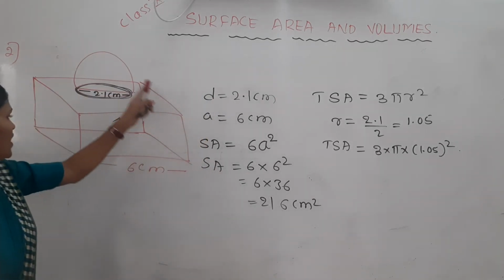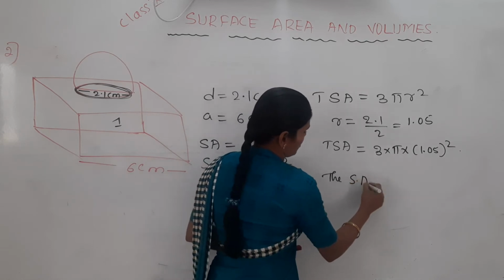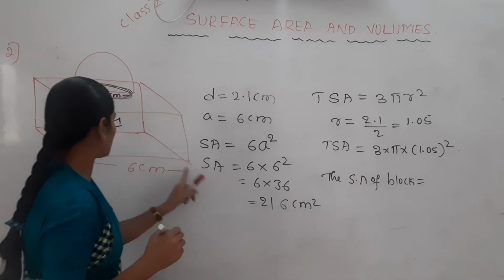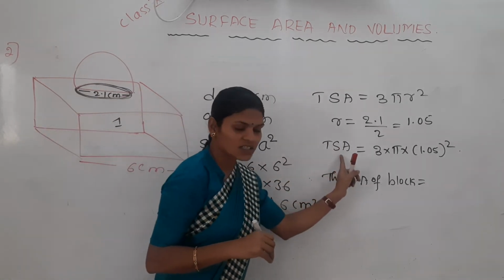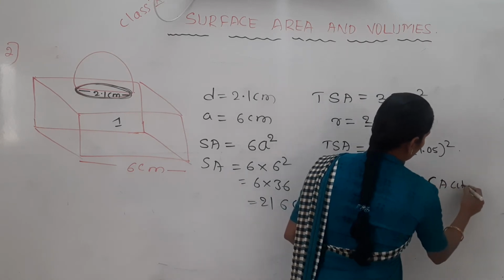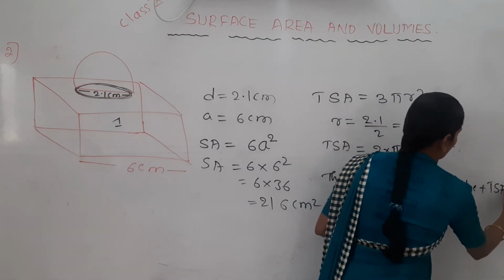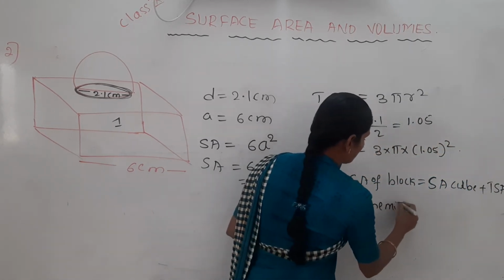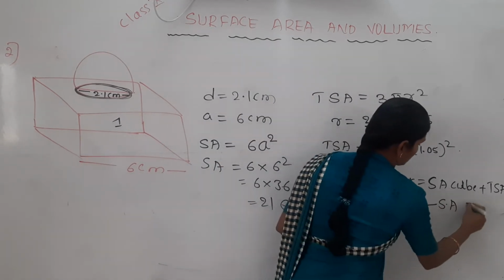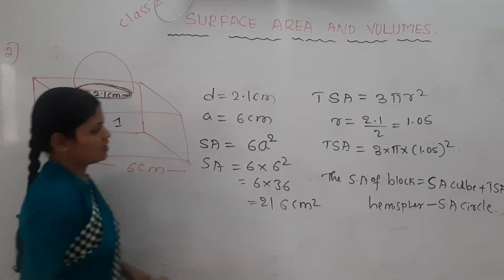So the surface area of the resultant block is the surface area of the cube plus the TSA of the hemisphere minus the area of the circle. Why? Because this circle we are not painting here.